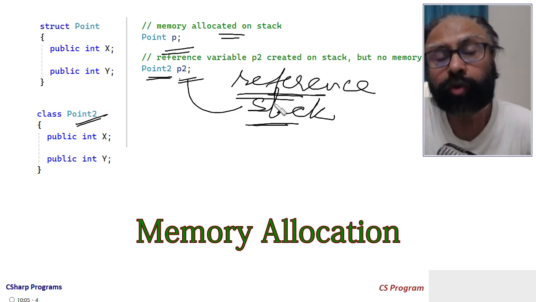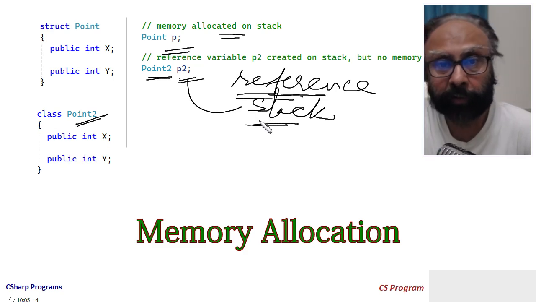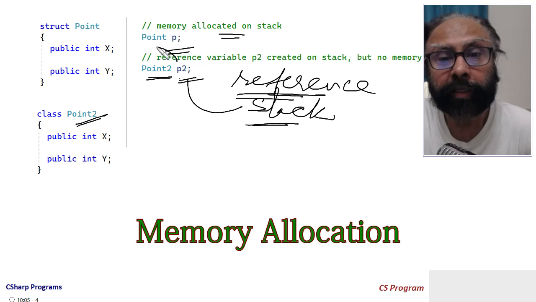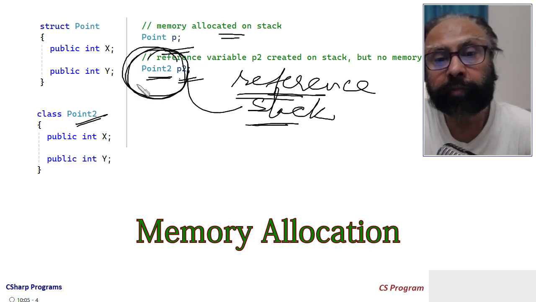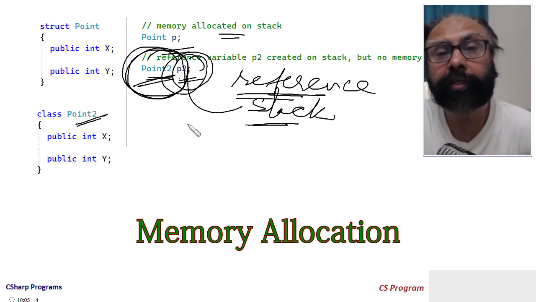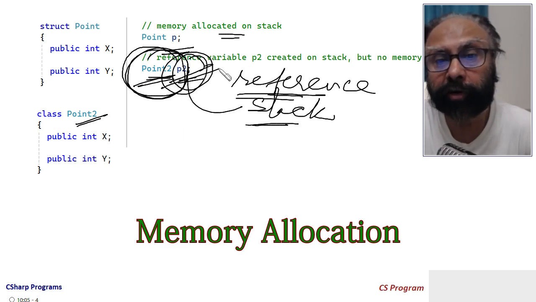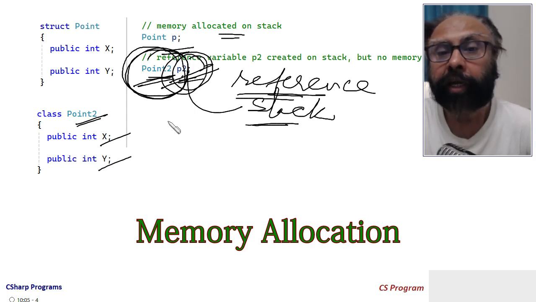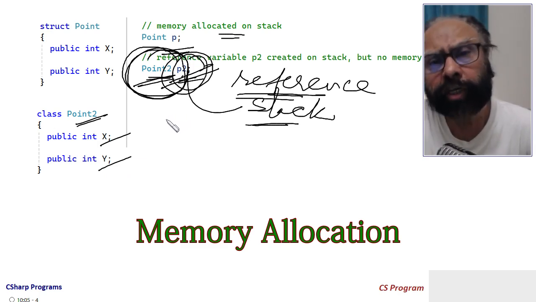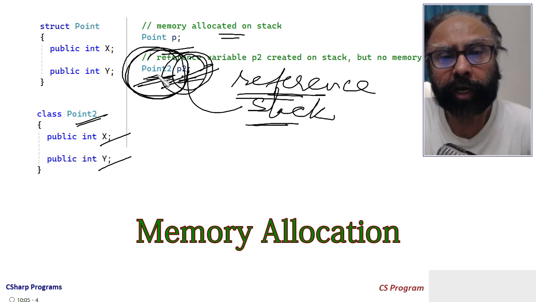It is supposed to hold an address of data that corresponds to class Point2. So p2 is not the entire object. p2 is not containing x, not containing y. It is containing the address of a future object of this class Point2.